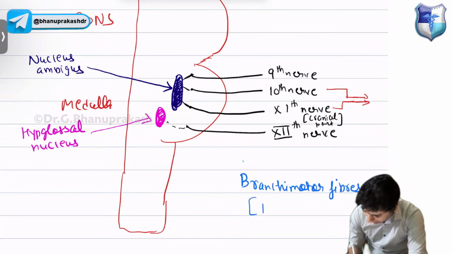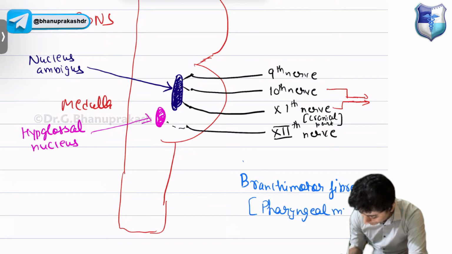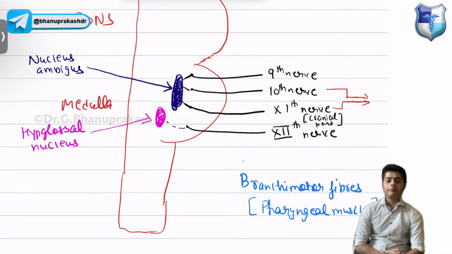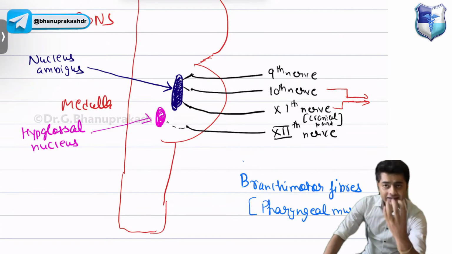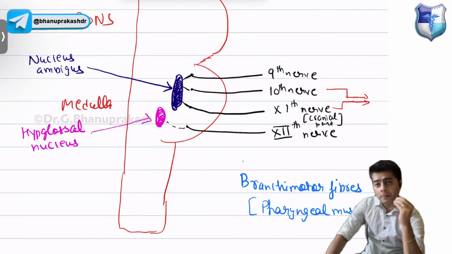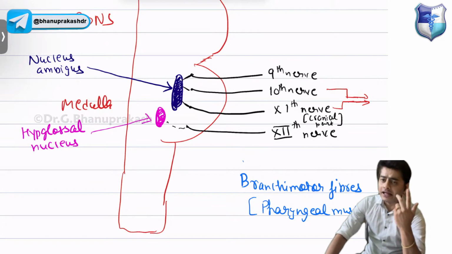Why? Because they are innervating your pharyngeal muscles. So these 9th, 10th, 11th, and 12th nerves innervate your pharynx, tongue, and soft palate.